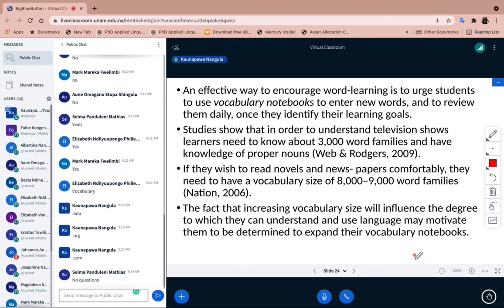All right. You have to tell them, why is it really necessary for them to have vocabulary notebooks? Because it helps them even express themselves better. When they read, they understand better. And then when they listen, they understand so much better than when they don't put in effort to learn vocabulary. Okay? All right, I think that should be our last one.